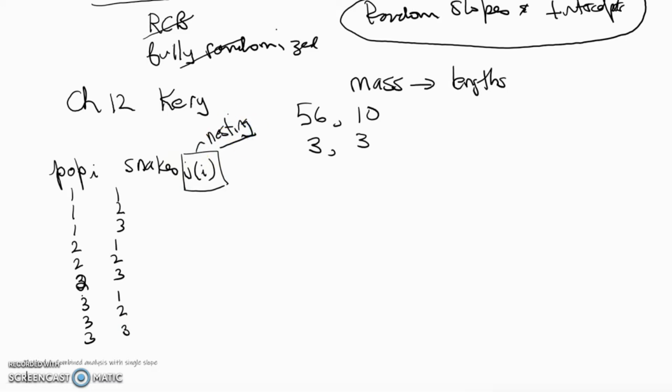And so what I mean by nesting is that snake 1 in population 1 is a different individual snake than snake 1 in population 3.